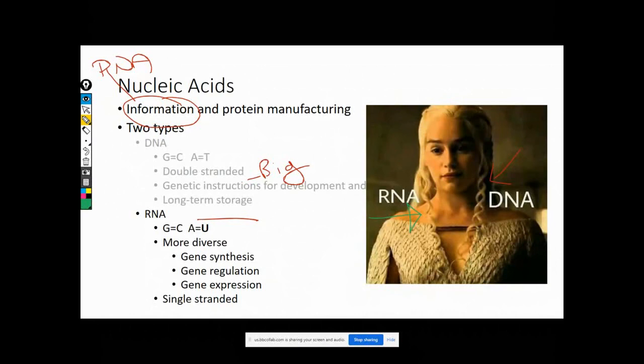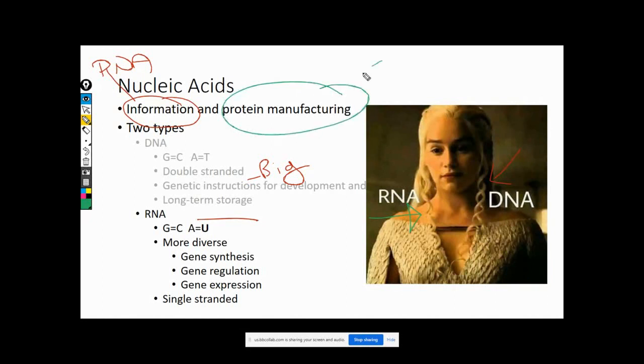Because it is not a giant warehouse of information. RNA has a job to do. So this is like you. When you go into the library, you have a job to do. So you go into that library with a focus.